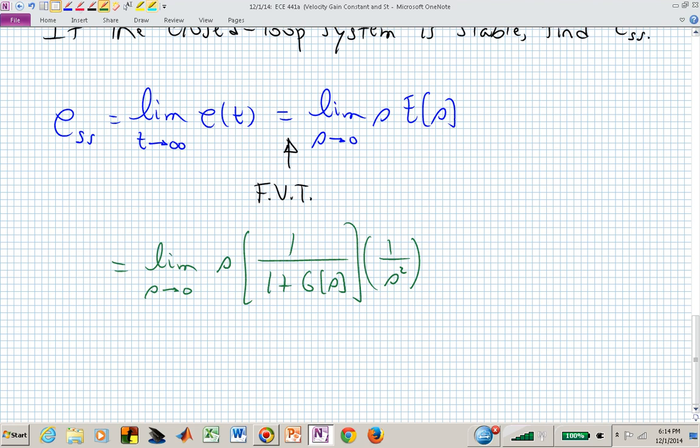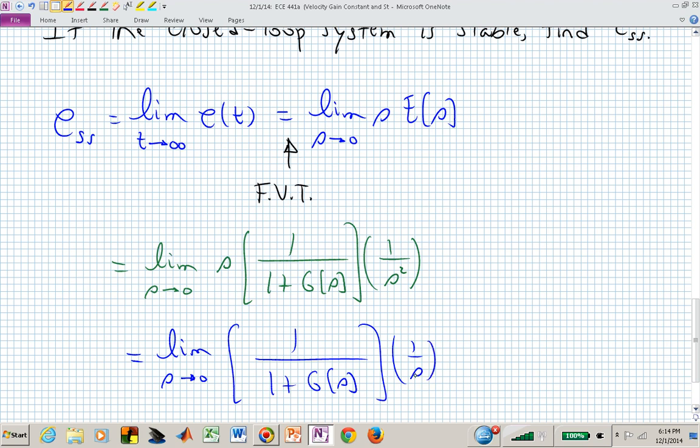This s in front is going to cancel one of those s's on the far right, and we now have the limit as s goes to 0 of 1 over 1 plus G of s times 1 over s. But that's simply, if we distribute that s across both terms in the denominator, the limit as s goes to 0 of 1 over s plus s G of s.